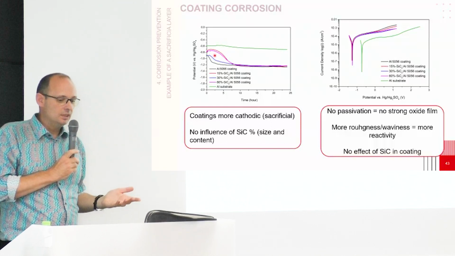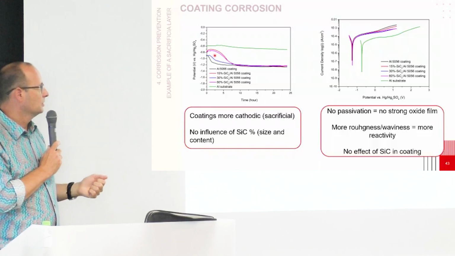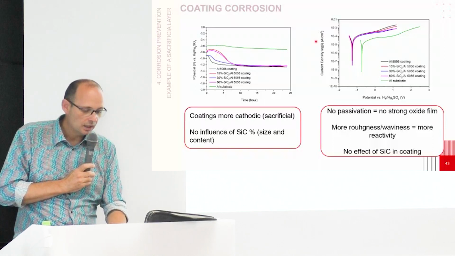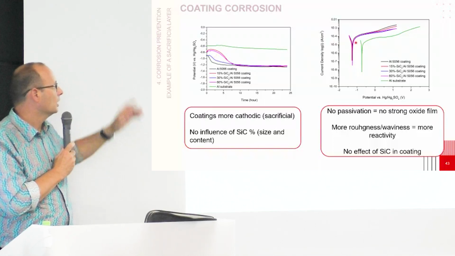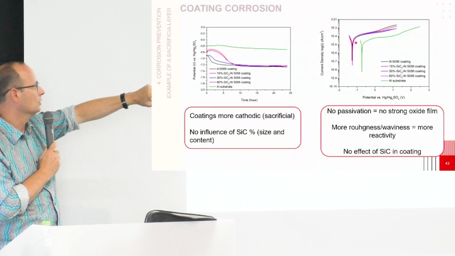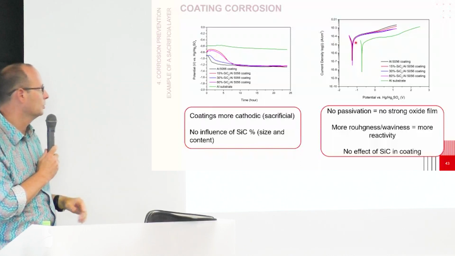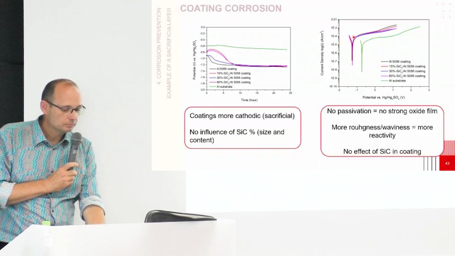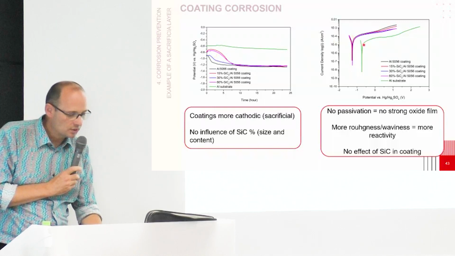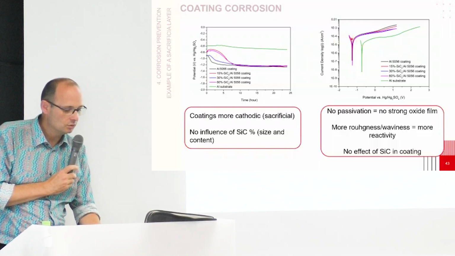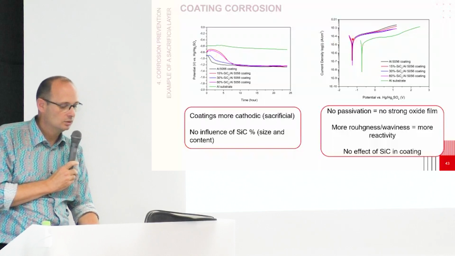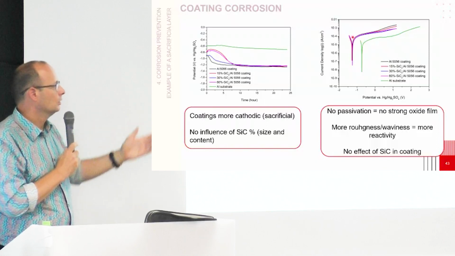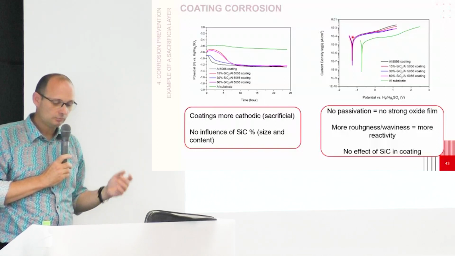What I want to know is, dynamically, so in terms of kinetics, if my coating will dissolve faster than the aluminum. And actually, these are the two curves here. They are plotted not anymore in the American standard, but in a European standard. If you compare these two curves, you just have to point this point and this point, and you can realize that going from pure aluminum to the aluminum coating, you increase the current density, you increase the corrosion rate.